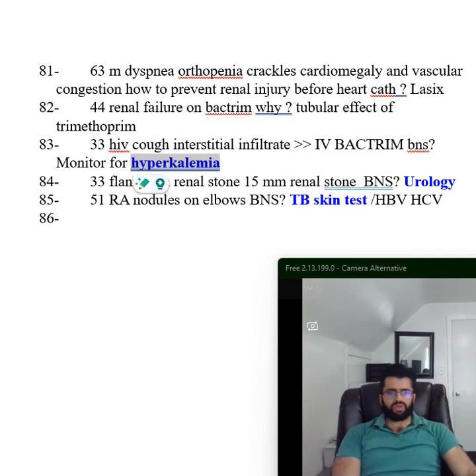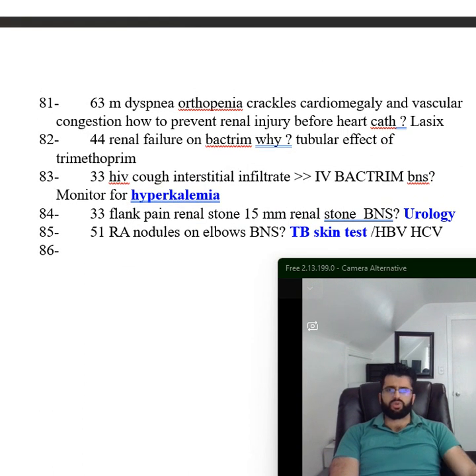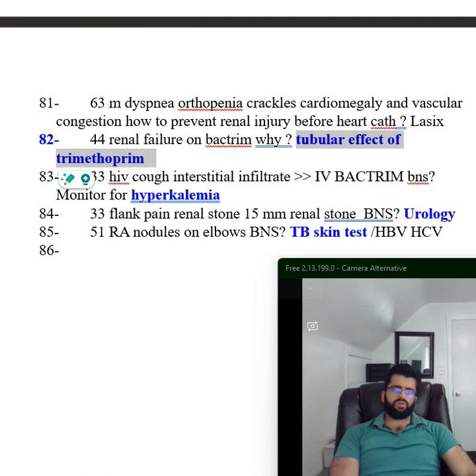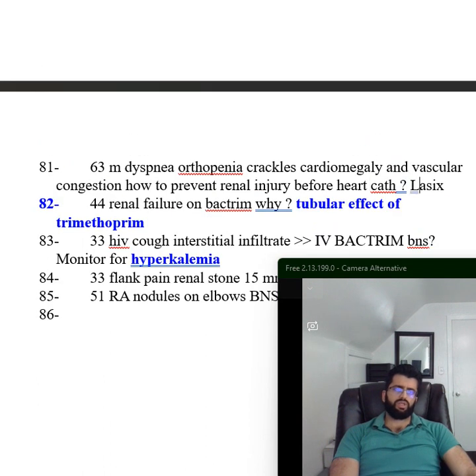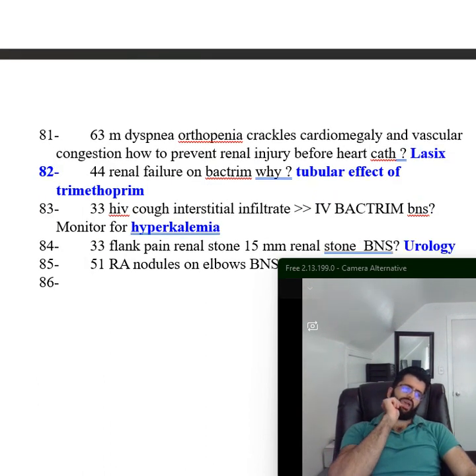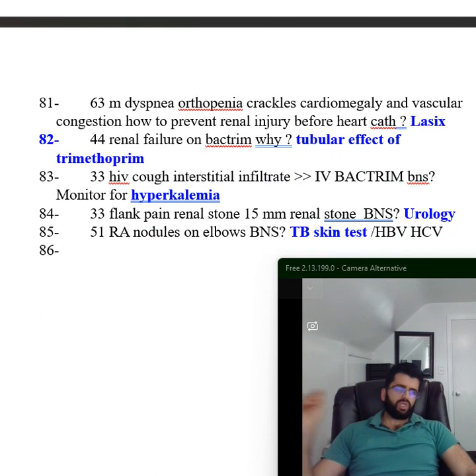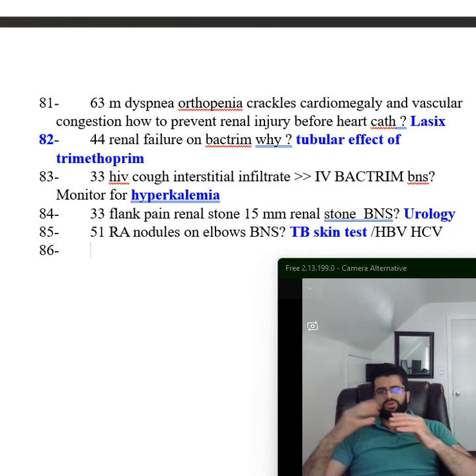There are a lot of side effects for Bactrim, including skin reactions, anemia, hyperkalemia, and nephritis. It can also raise creatinine without affecting kidney function. You give Lasix before doing a cath with contrast, because you want your patient euvolemic before contrast to the kidney, because too little volume or too much volume is not good.